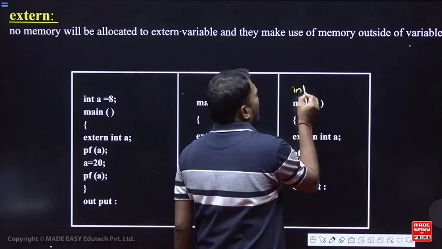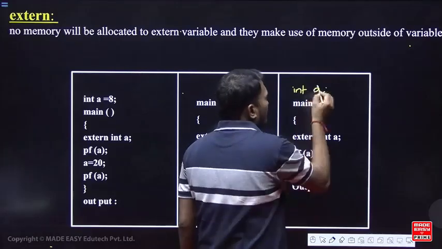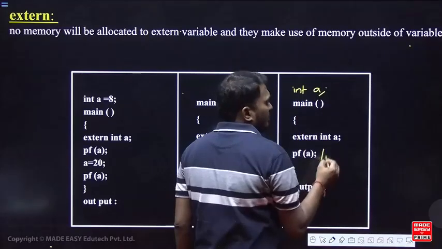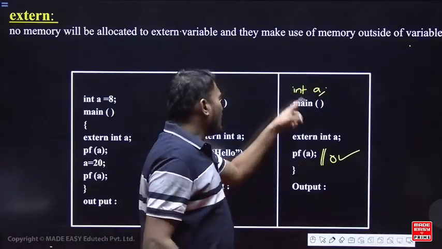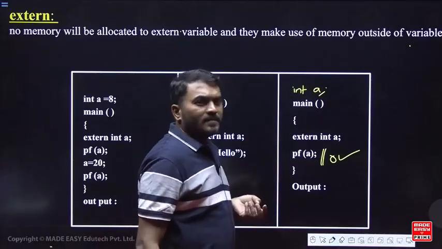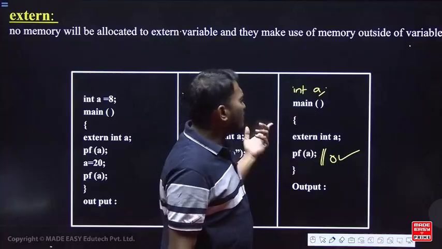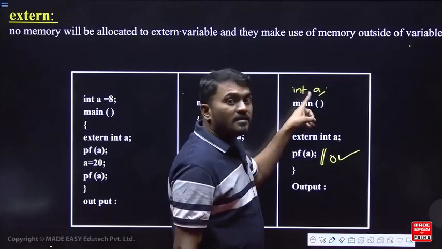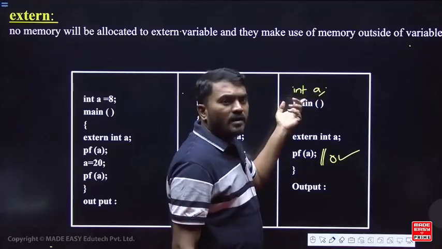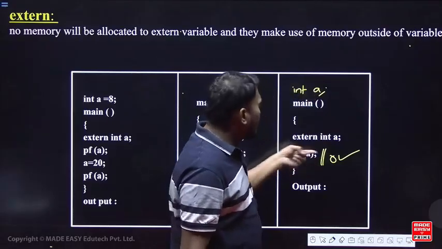Outside में ऐसा variable declared है, इधर सुनो, integer a. If it is declared and not initialized, then it will print 0, because a global variable, if it is not initialized, will contain 0. It is just like a reference to the global variable. So you say integer a here. Outside, if you declare integer a and it is not initialized, it contains 0 by default. It will simply take that 0 and print 0.